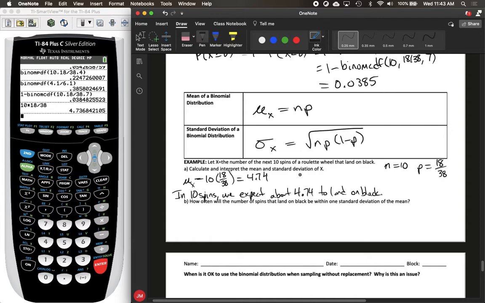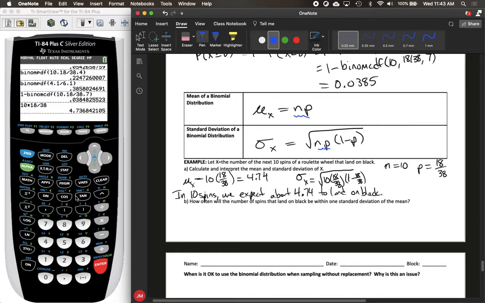For standard deviation, we'll go ahead and calculate that now. So we're going to take n times p times 1 minus p, so that would be 10 multiplied by 18 out of 38 multiplied by 1 minus 18 out of 38. If you think about it, this first part, the n times p of the standard deviation, is your mean.